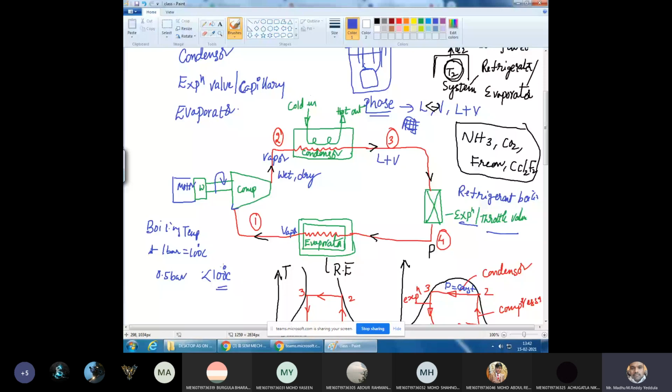In the same way, during this expansion process, understand the concept. The pressure of the refrigerant drops, so due to this the liquid starts boiling. In order to boil the liquid, heat is required.